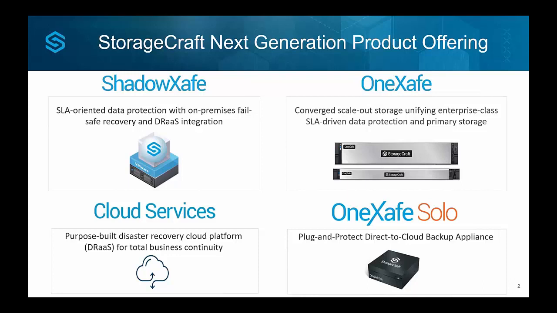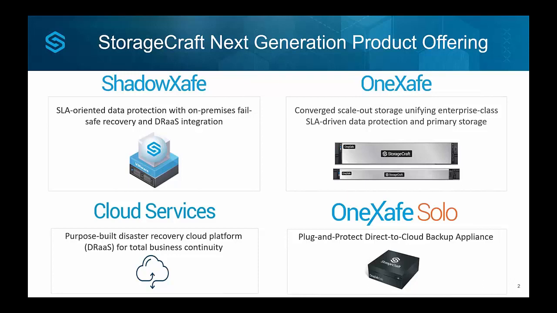So the ability to rapidly recover in the event of a problem. We don't have to sit there and spend hours trying to restore that data back through our backup solution. So very powerful. OneXafe, ShadowXafe, OneXafe Solo can all be managed in the same dashboard. So we have a converged offering that joins these together, or they can be used totally separate.